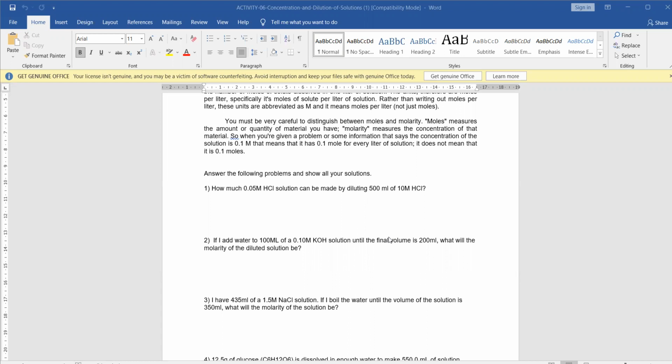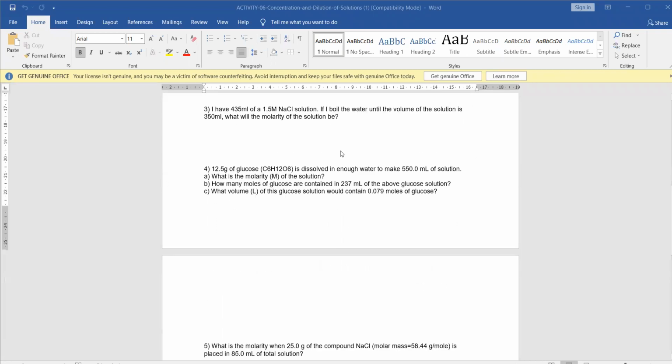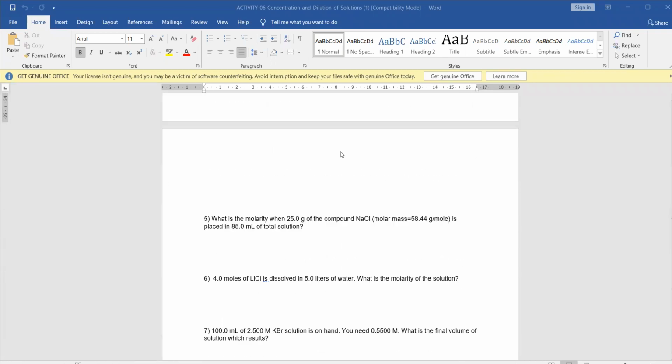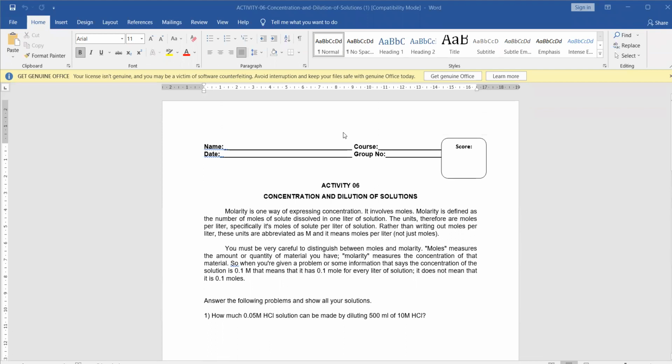That is the reason why I am asking you to please have it in one file only and naka-PDF format. Are we clear for that? 8 ito lahat na problem. So please try to follow the process so that you can get the correct answer.